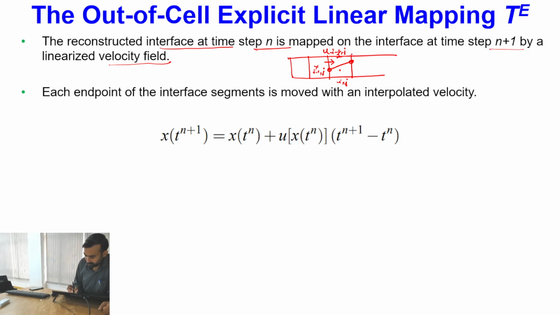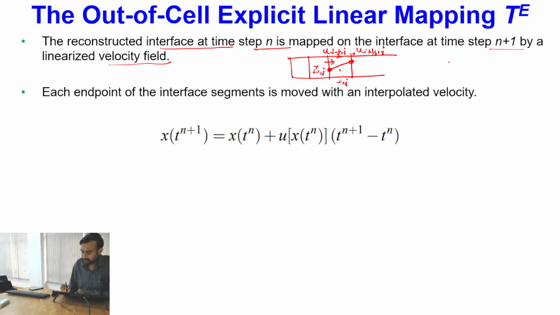Similarly, this will be i plus 1 by 2 comma j. Now, here both the points of this line segment lie on the edges themselves, where velocities are known.